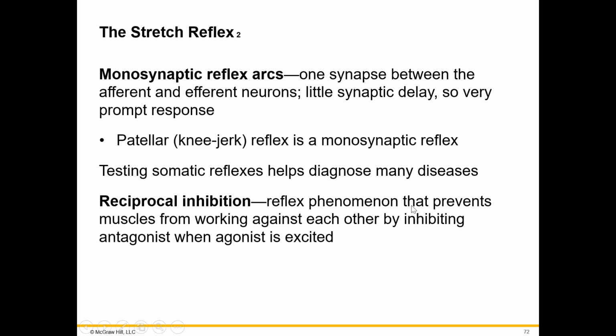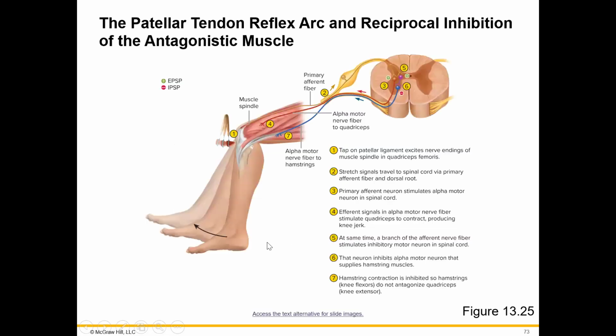Reciprocal inhibition is the reflex phenomenon that prevents muscles from working against each other by inhibiting the antagonist when the agonist is excited. So this shows a tap on the patellar ligament excites the nerve endings of the muscle spindle. The stretch signals travel to the spinal cord's dorsal root, the posterior end, via the primary afferent fiber and the dorsal root ganglia.